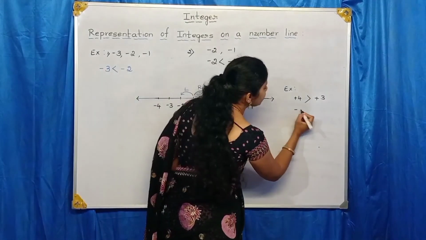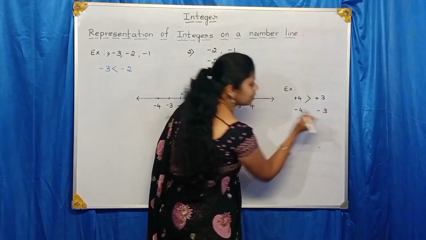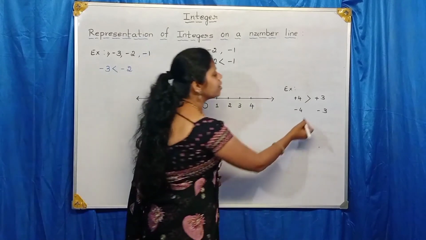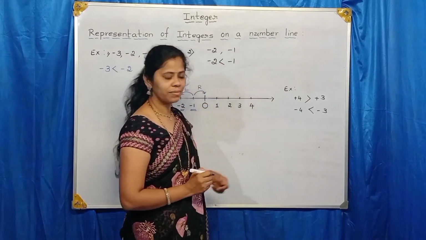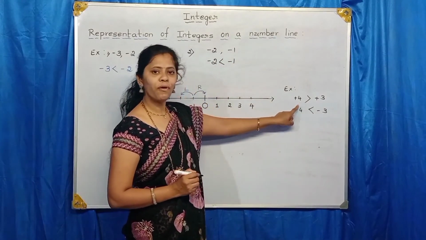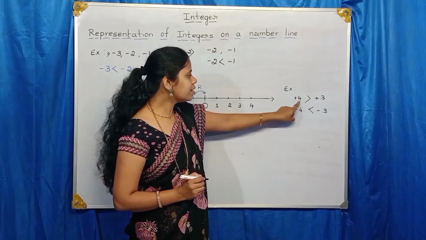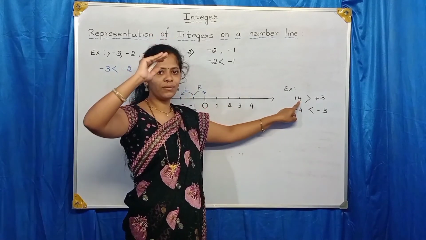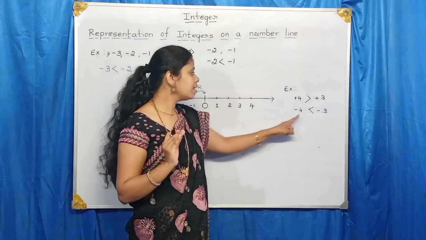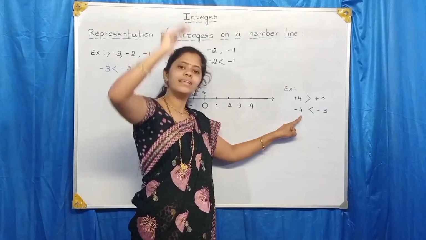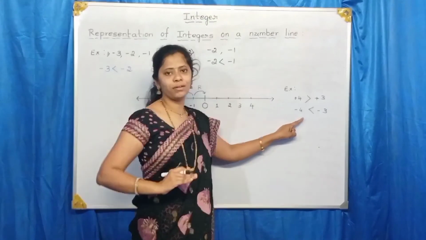But when you take minus 4 and minus 3, which is greater? Minus 3 is greater. In the positive numbers, greater the number, greater is the value. But in the negative numbers, greater the number, smaller is the value.